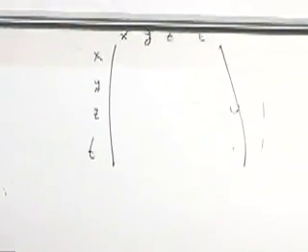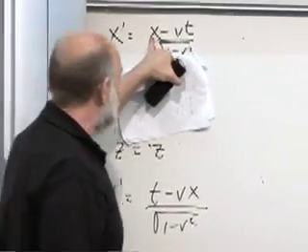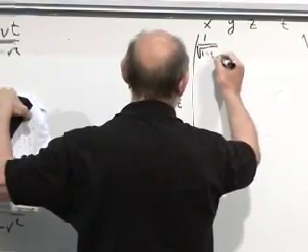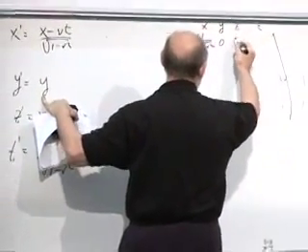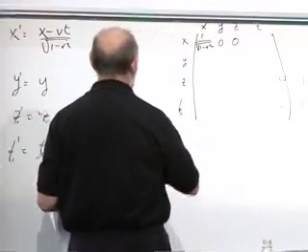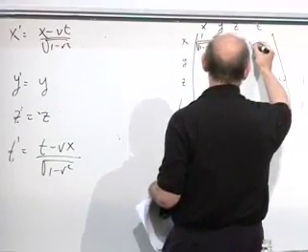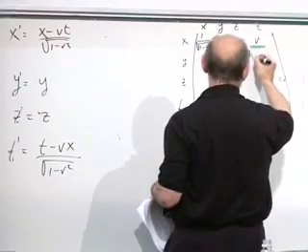Let's see what our entries are. The coefficient in x prime, the coefficient multiplying x, is 1 over square root of 1 minus v squared. The coefficient multiplying y is 0, 0, and minus v over square root of 1 minus v squared.